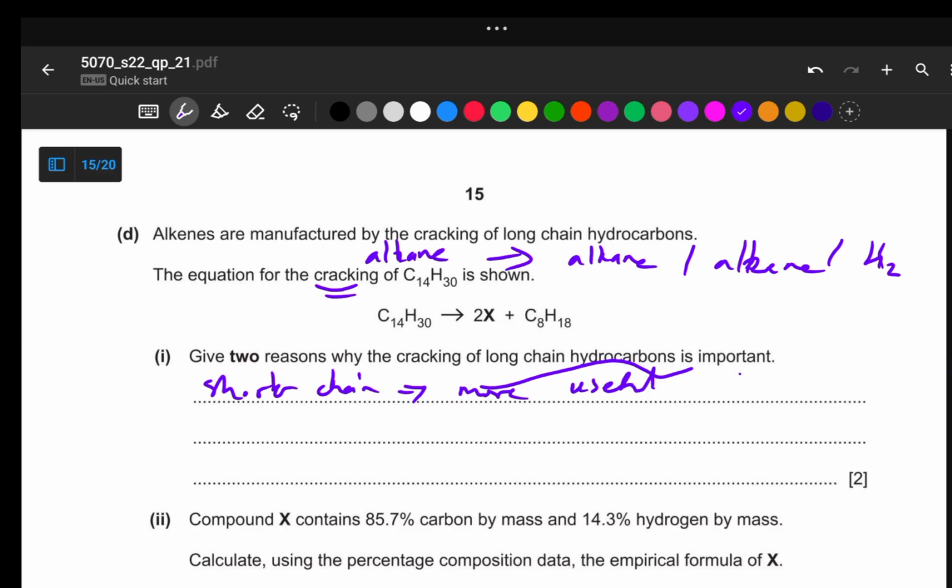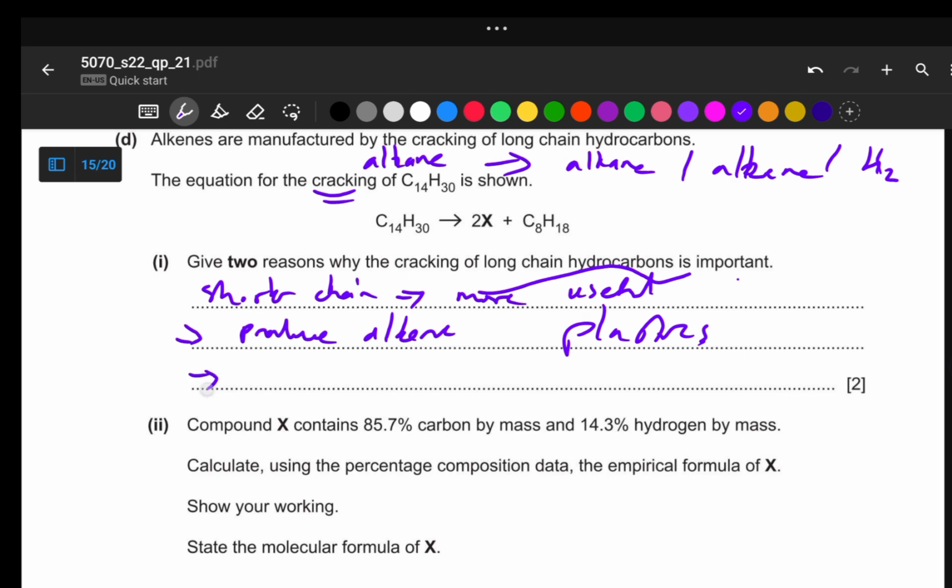And then we also want to produce alkenes, which are essential for other uses. We can use them as a source of fuels or in the manufacturing of plastics by addition polymerization, and we can use it in the production of hydrogen gas.